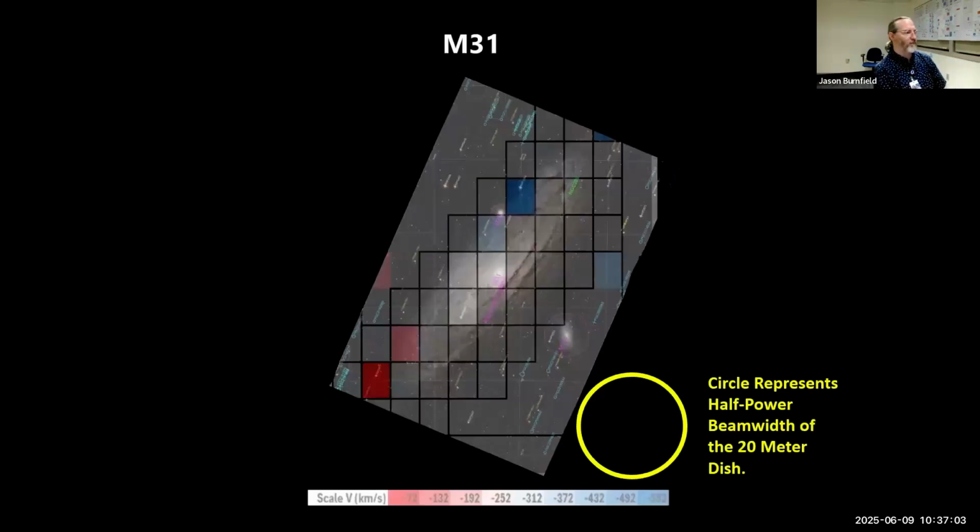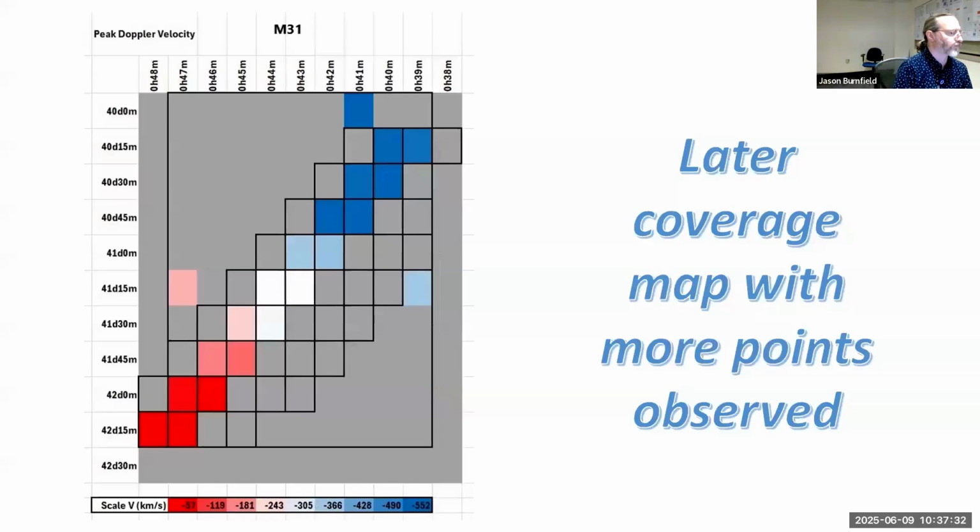And so I did an early overlay of the optical on top of our Doppler plot just to show how it matches, and you can clearly see the blue shifted side and the red shifted side are definitely on opposite sides of the disk, which is what you would expect.